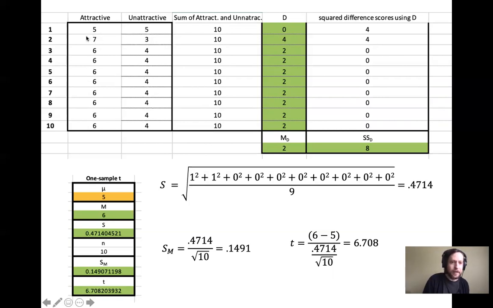Then you go to the next number, 7. 7 minus the sample mean, which is 6, gives you 1. 1 squared equals 1. And then we do that for the next one. So we got 6 here. 6 minus 6 equals 0 squared. And then that's the way the rest of them are.